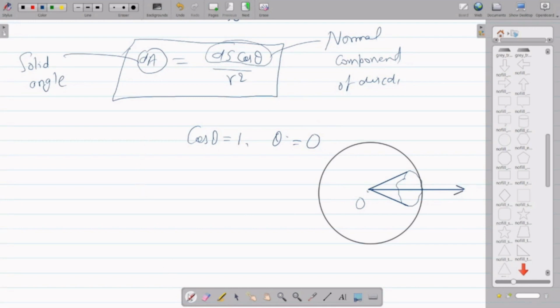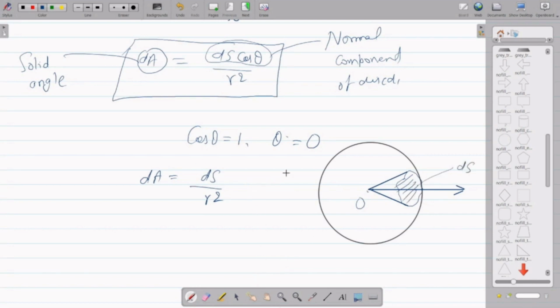So if you write this equation again, it is ds by r square. Now in this case, what is this ds? ds is the surface area of this surface element, right?